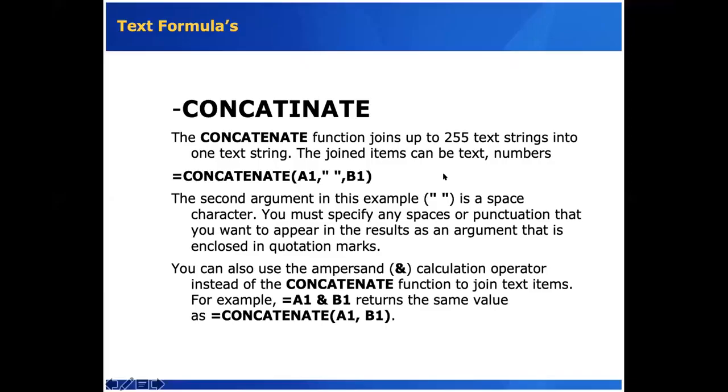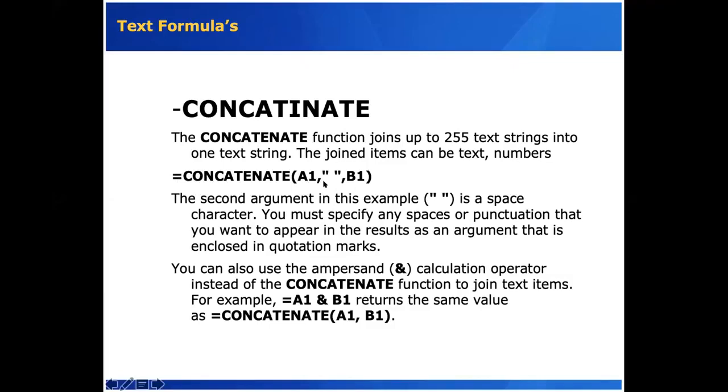Did we discuss the CONCATENATE function earlier? I'm not sure. This is what I used in the VLOOKUP with multiple criteria. The CONCATENATE function, you can write it as equals CONCATENATE, put the text.